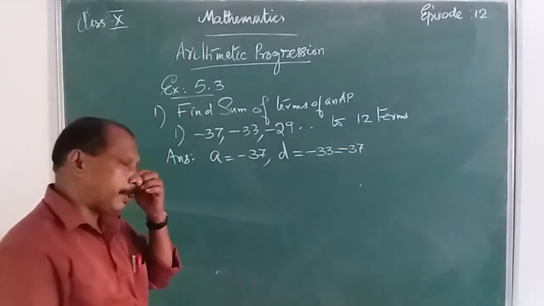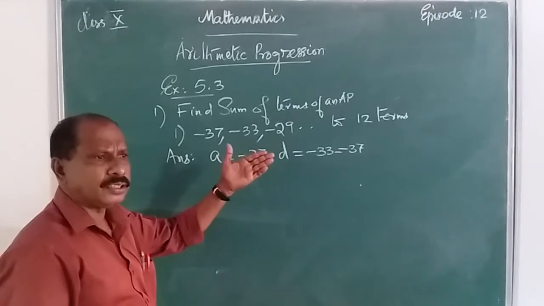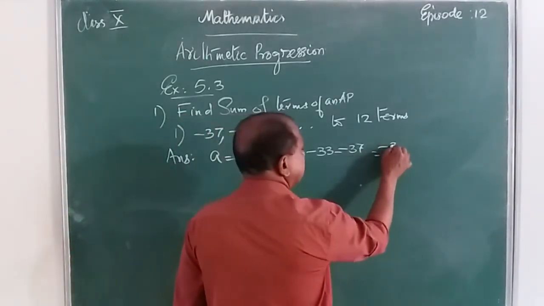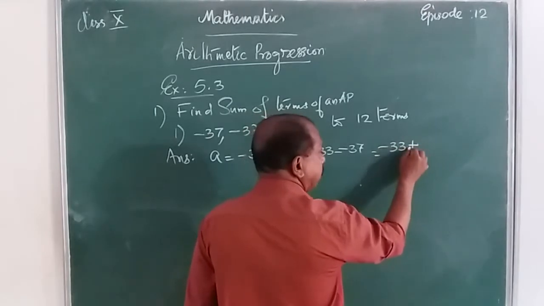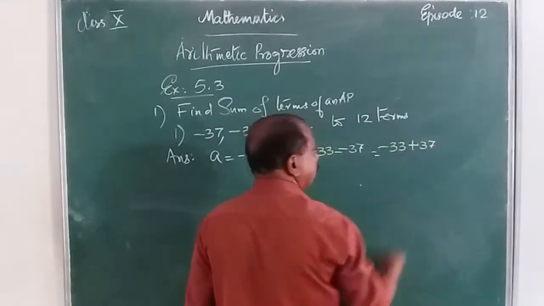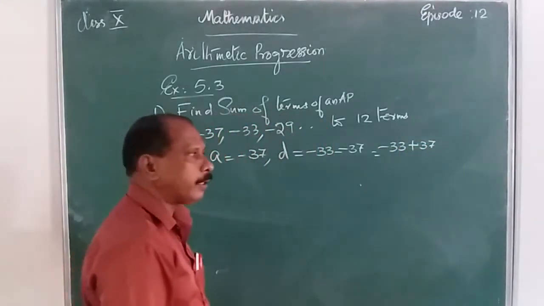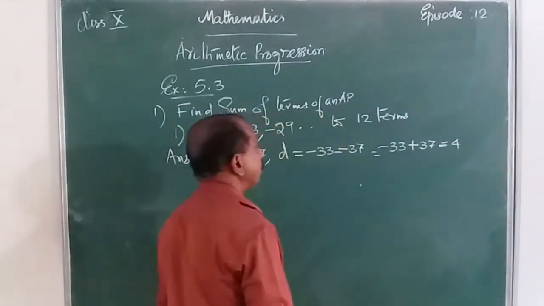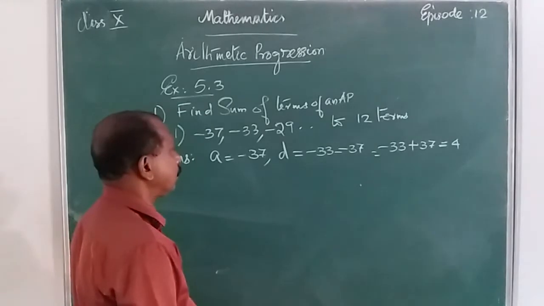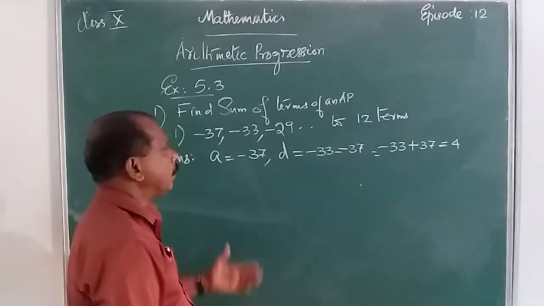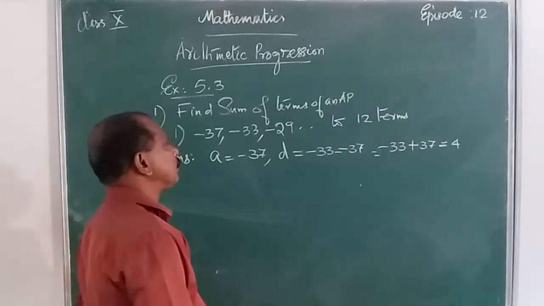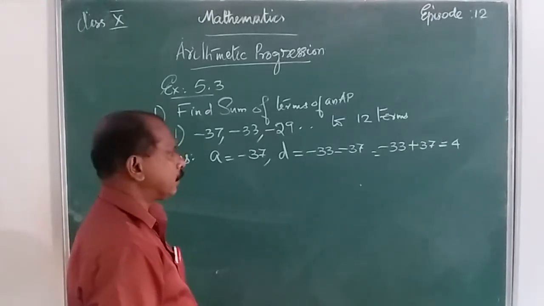Minus into minus is plus, because this is an increasing sequence, therefore d is positive. -33 + 37 is 4. Therefore d = 4. Then -33 + 4 is -29, and so on.